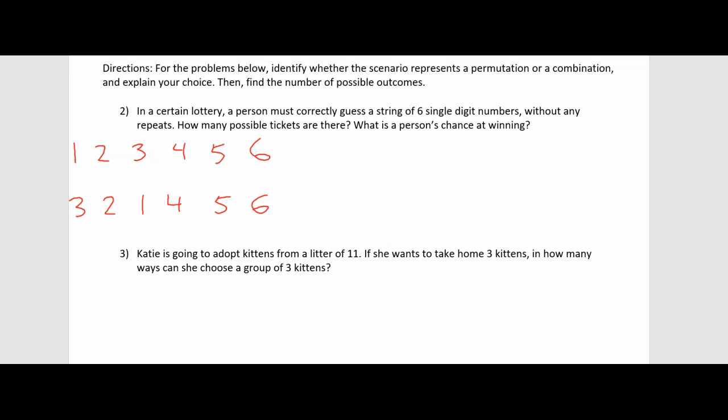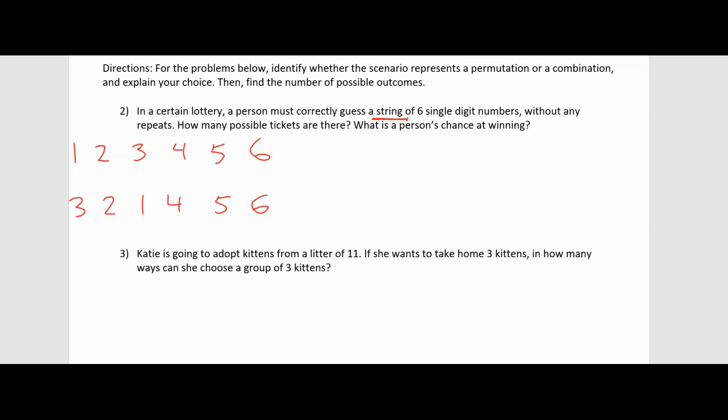Right? These would be 2 different tickets. Unless the lottery just said choose 6 numbers and you win, doesn't matter the order. Well, then it would be a combination. But if it's talking about a string, which implies 6 numbers in a row, it would matter whether you put the 1 in the first spot or the 1 in the third spot.